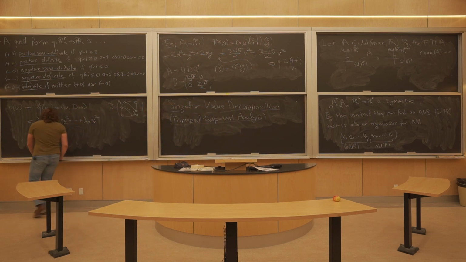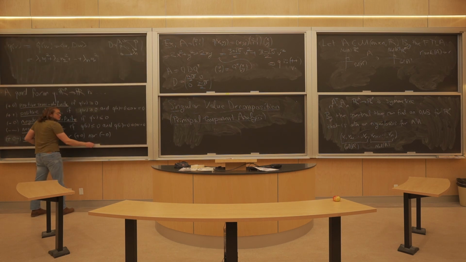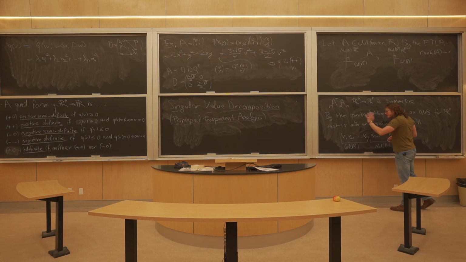Namely, the first r vectors in this basis are going to survive when I apply A to them. And further, they're still going to be orthogonal.